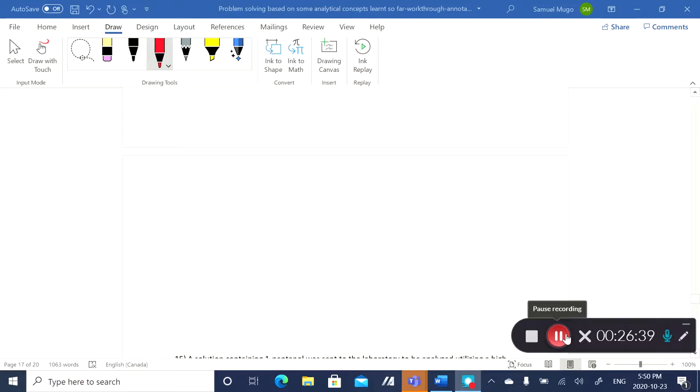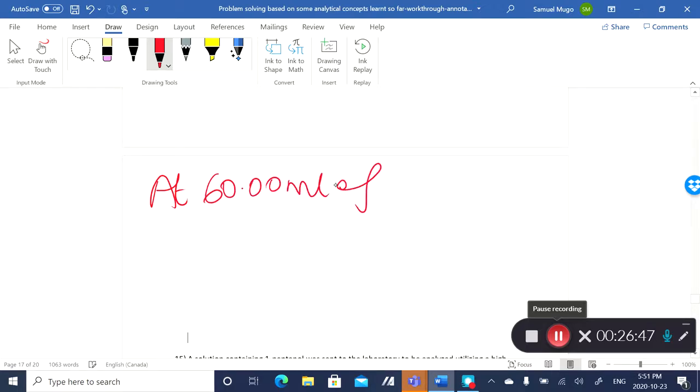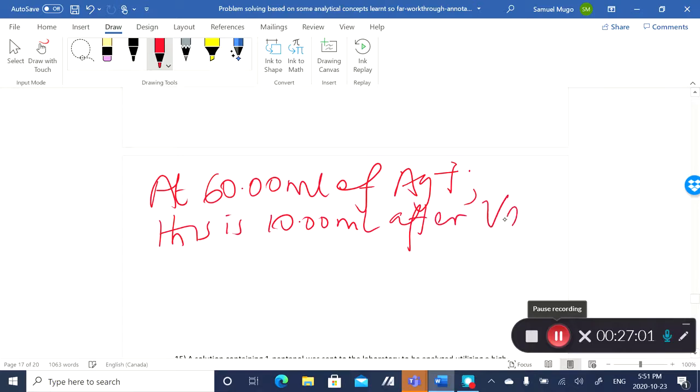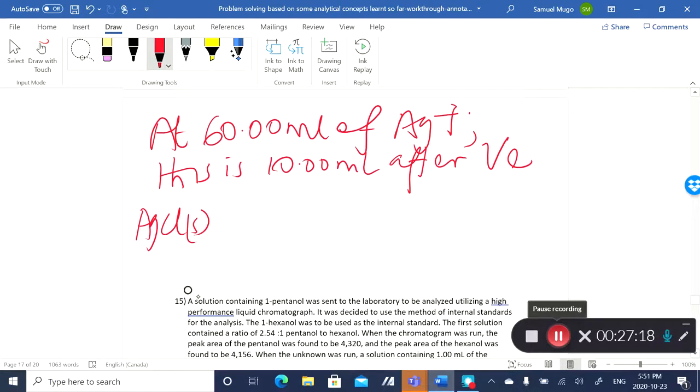So finally, what happens after adding 60.00 mL of the titrant? Okay, you can see this is 10 mL after the equivalence volume, meaning we are just taking the silver chloride salt that was maximally found at the equivalence volume, and we are just adding silver to it in excess.